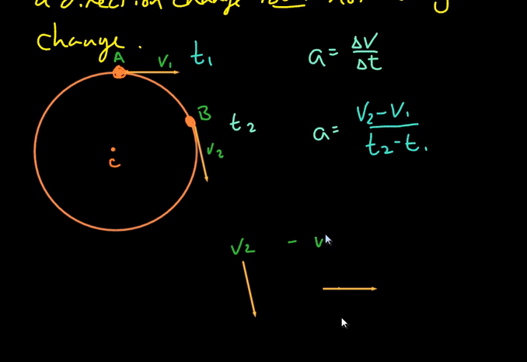v2 minus v1. If we're talking about subtracting vectors, how do we actually deal with subtracting vectors? Yeah, you add the opposite vector. So it's like saying v2 plus the reverse of v1. So we're going to take this one again and flip him over.